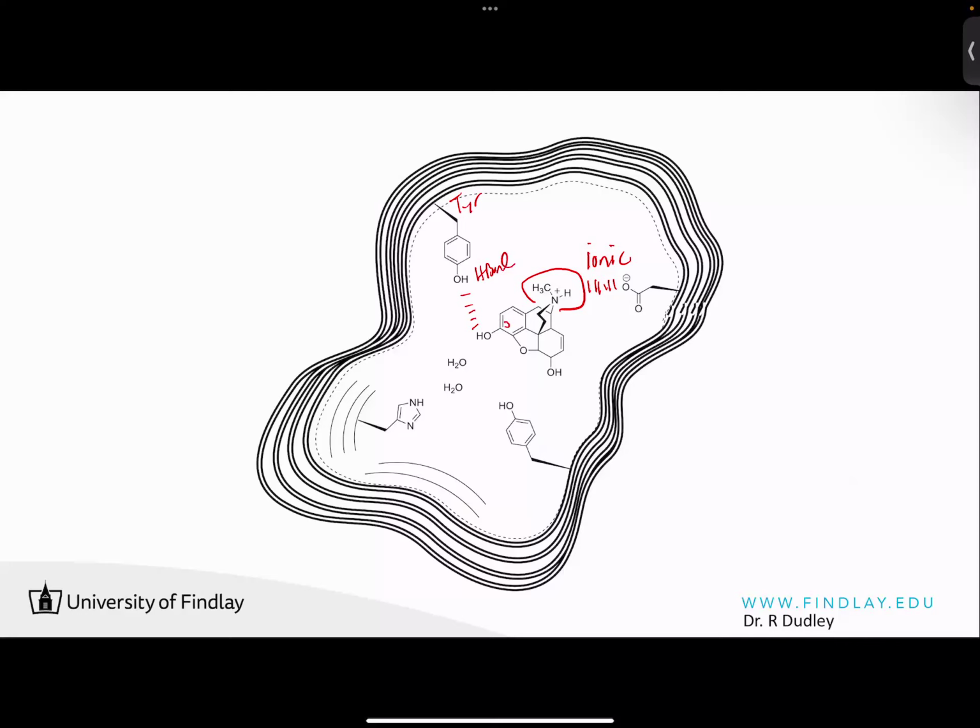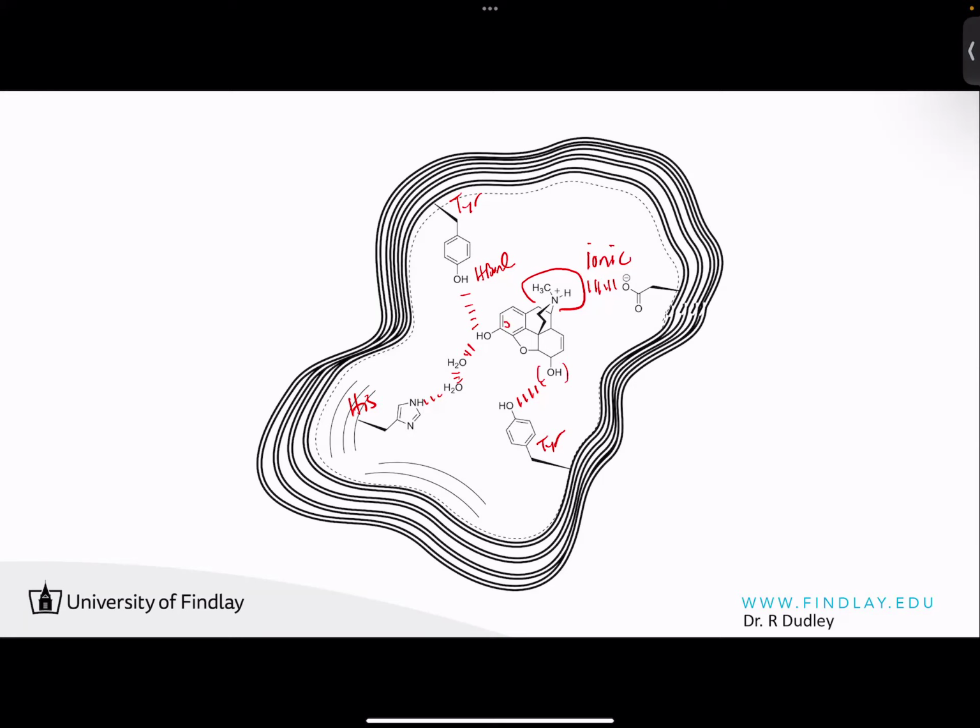And then the crystal structures have revealed the presence of water molecules that are coordinating between the alcohol at the 3 position and then a histidine residue in the opioid receptor. Right? And then there are additional hydrogen binding interactions between another tyrosyl residue and then the alcohol at the 6 position.